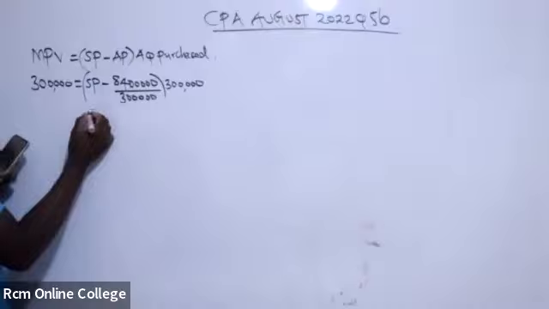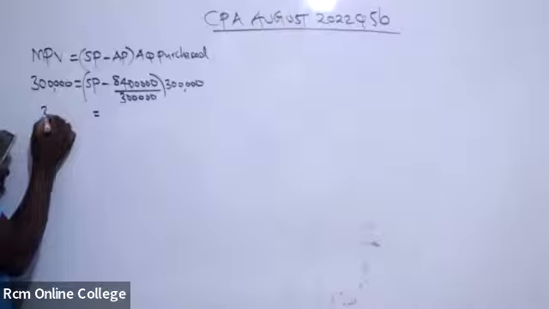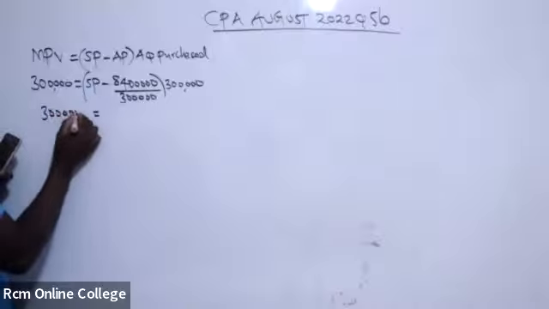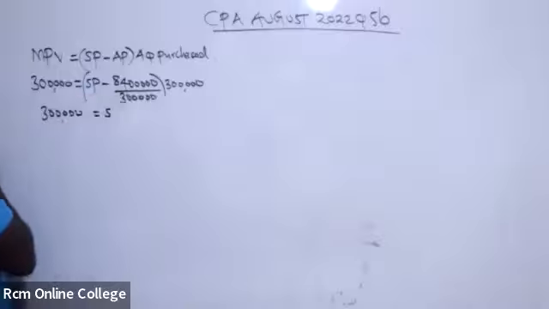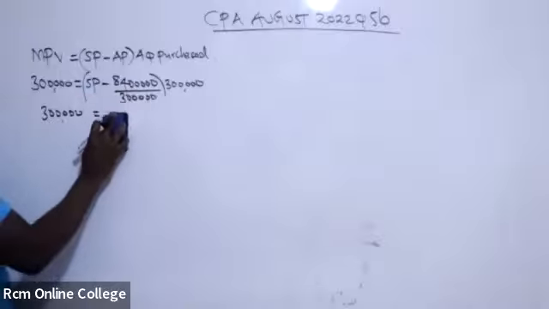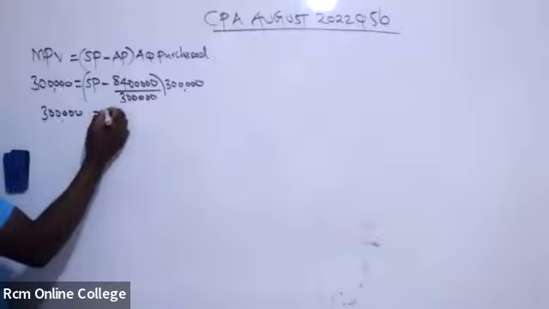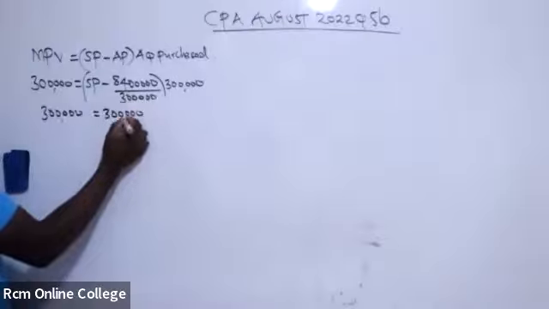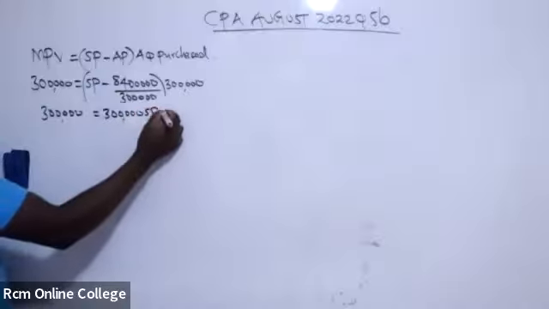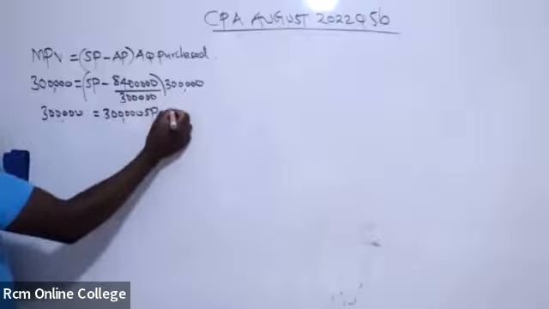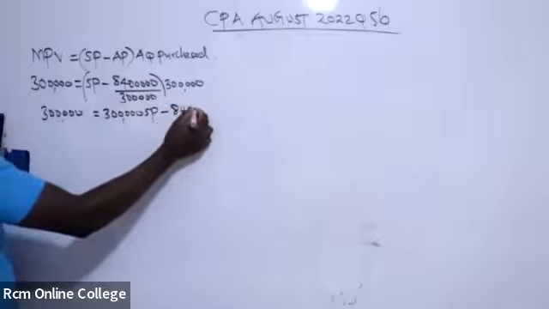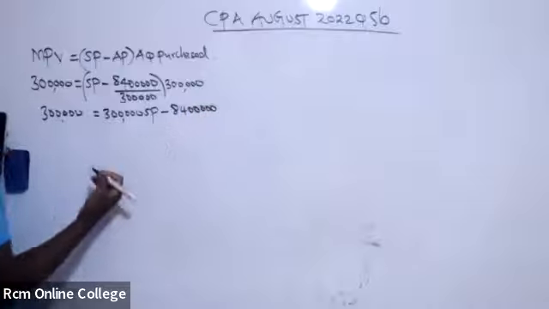So compare what is inside the bracket: 300,000 SP, minus this divided by this is the same amount, gives us 8,400,000.